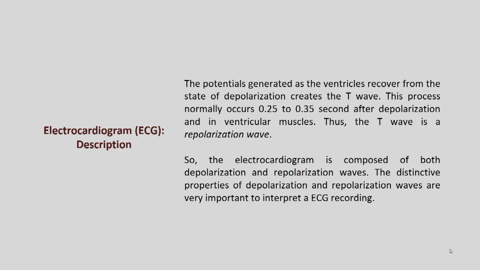The distinctive properties of depolarization and repolarization waves are very important when interpreting the ECG recording. So, if there are changes in this process, the speed, the amount of time taken, the expected amplitude, or the positioning of this depolarization and repolarization, that is, in the P, QRS and T components, then only there is a concern, and we really need to understand that and interpret it.